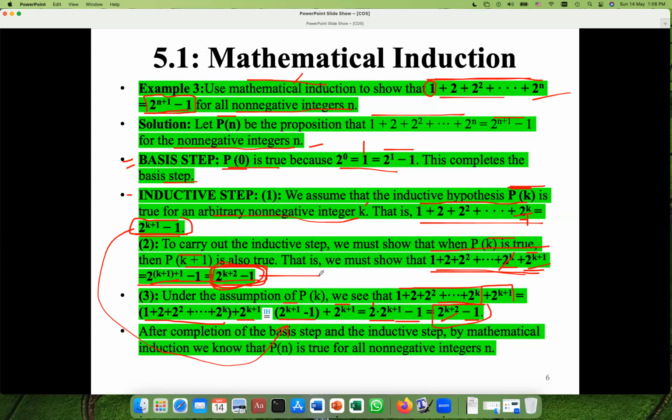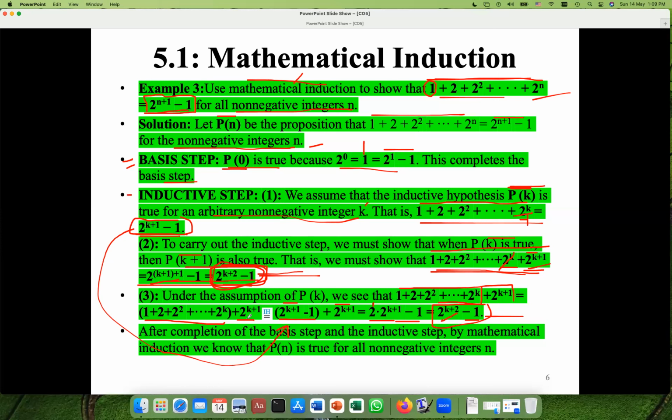I have already told you. We have started with the left hand side. After simplifying and modifying, we have reached the right hand side of this pk plus 1. So when you reach the right hand side and it is equal, then you can say now it is true.